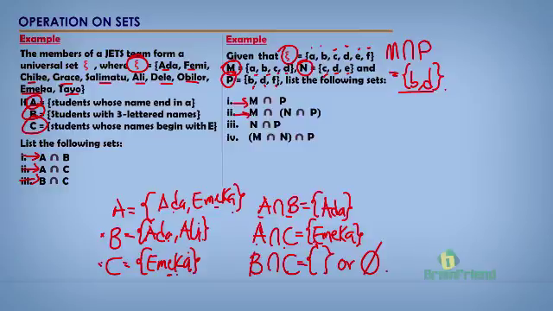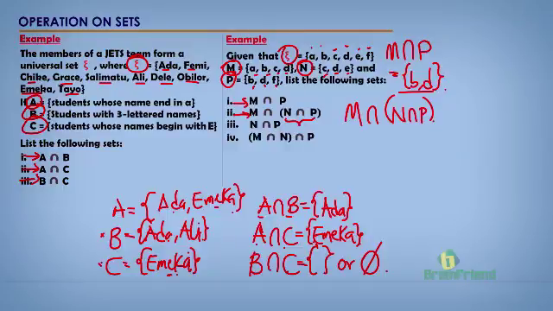Next, let's find M intersection, all enclosed in brackets, N intersection P. For such a case, you first find the operation within the bracket. So let's quickly do that.